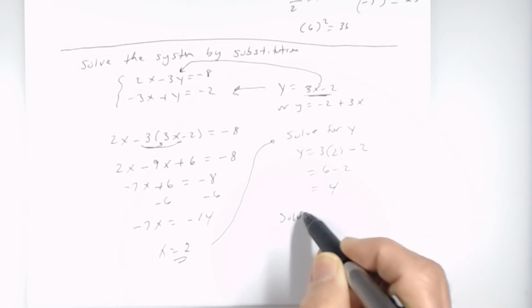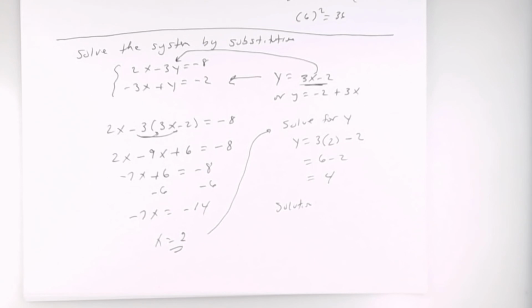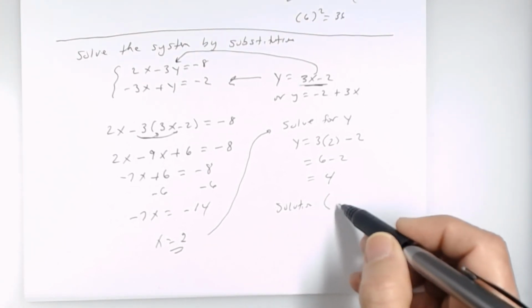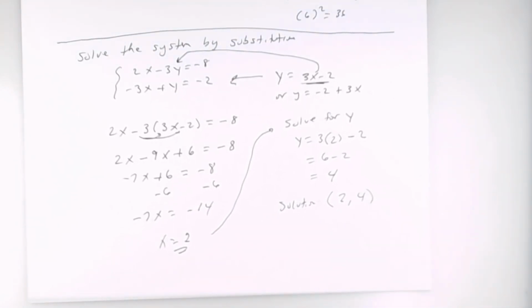Now remember, the directions will probably say write the solution as an ordered pair. So as an ordered pair, what's the solution? 2, 4. That was a quick review of something you're going to see on your quiz next week.